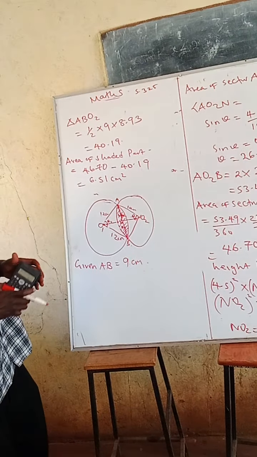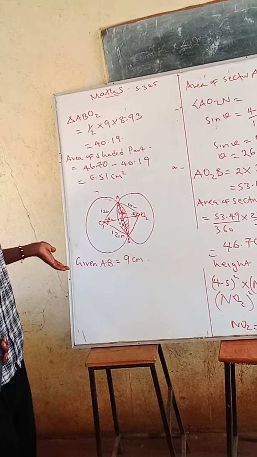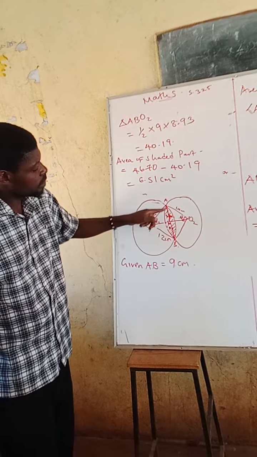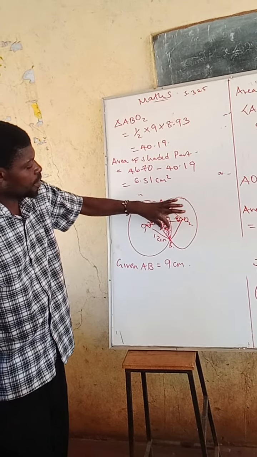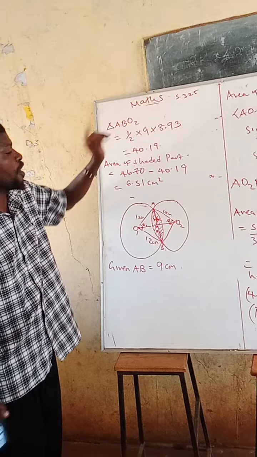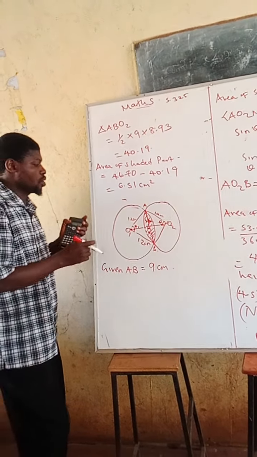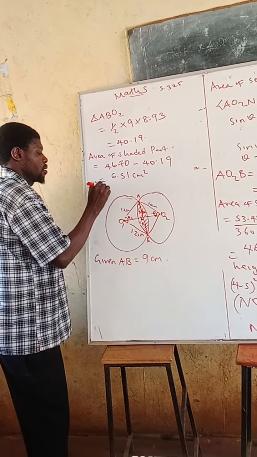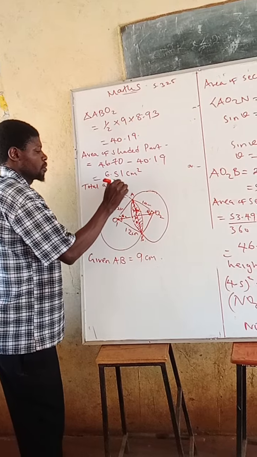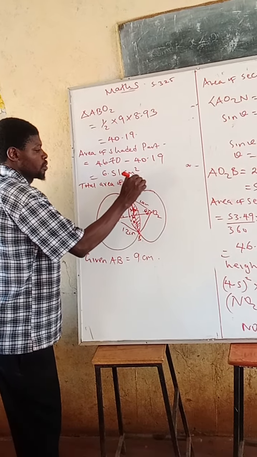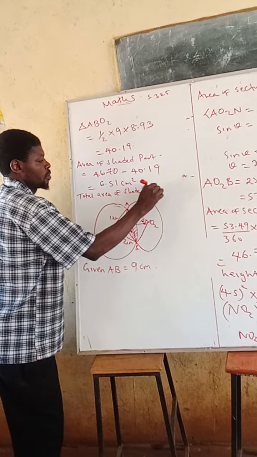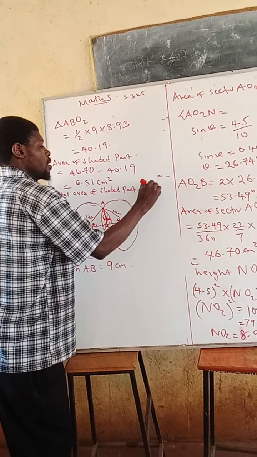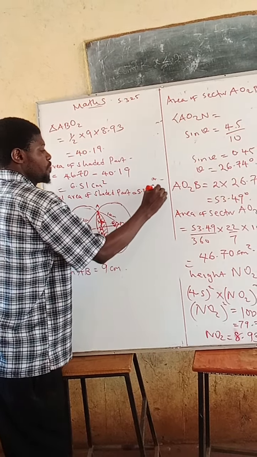So we have come to almost completion of the question. We've gotten the first area of the shaded part. We are adding the two together. The first one was 5.325. So the total area of the shaded parts will be equal to 5.325 plus 6.51.